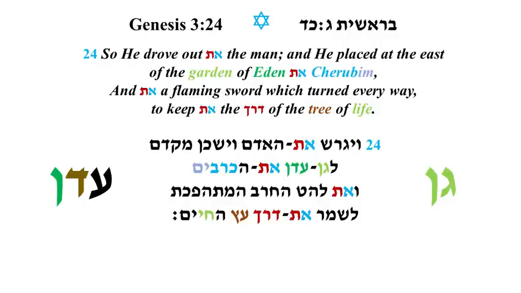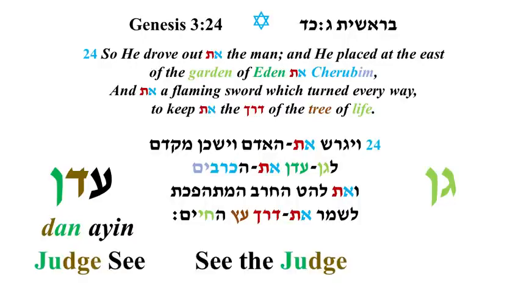I do want to point out in Eden again, Ayin, Dalet, Nun, if you just take the last two letters, Dalet, Nun is the word Dan, and Dan is judge, and the Ayin is I, or so I the judge, or see the judge.